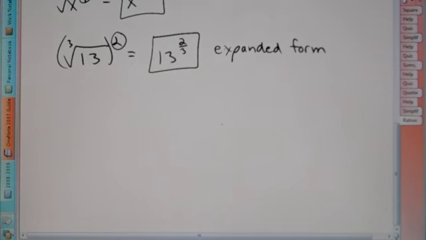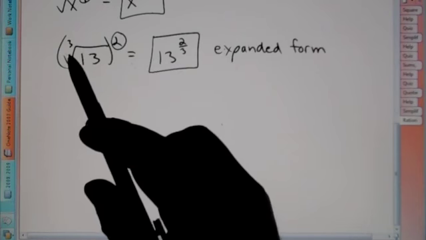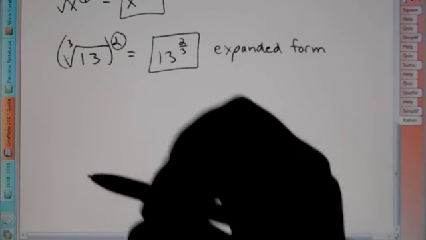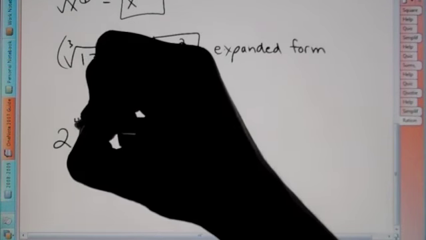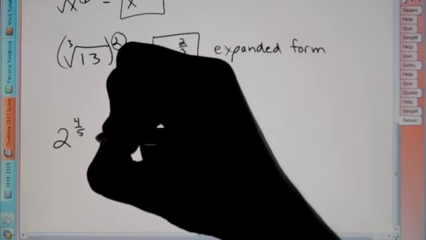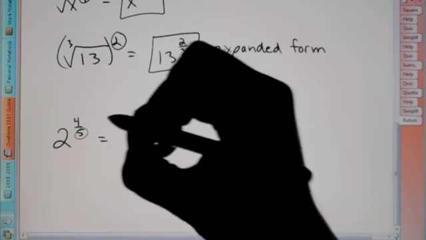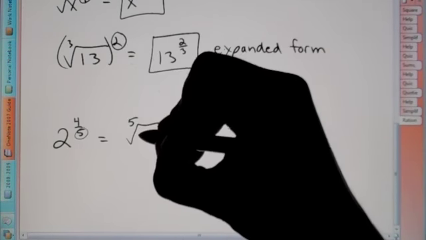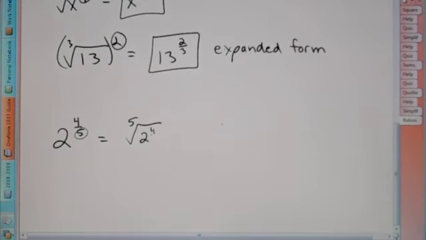Now we're going to do the same thing, but we're going to put it in radical form and then simplify. Radical form means your answer has a root. We're going to put it into a root, and then we're actually going to solve these. So if I were to give you 2 to the 4/5, we can rewrite this by making it, since that's a 5, that is your index, and then the 4 goes on the inside, 2 to the 4th.